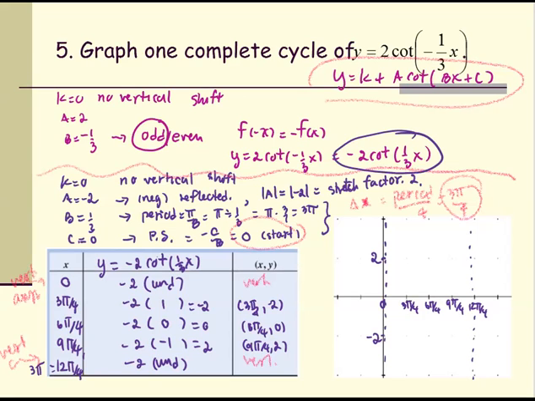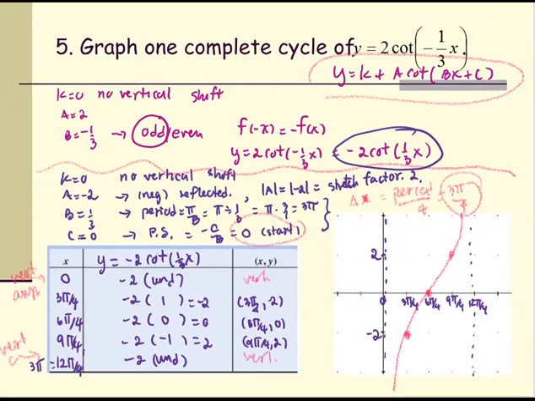Plot the points. 3 pi over 4, the function value is -2. 6 pi over 4 is 0. 9 pi over 4, the value is 2. And then sketch the graph by connecting the points with a smooth curve to obtain the graph of the function y equals 2 times the cotangent of -1/3x.